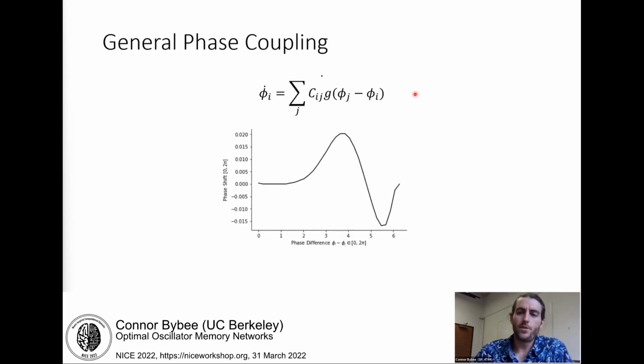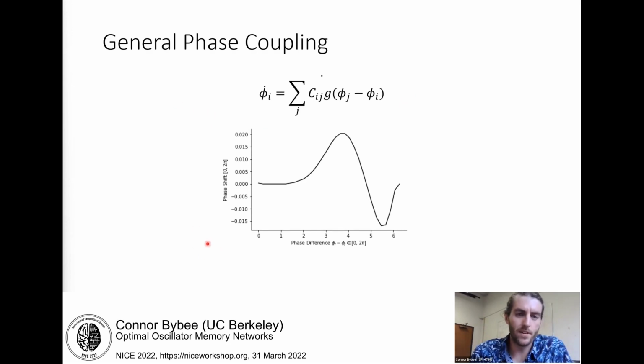Future work will examine general phase coupling functions, which will allow these networks to be modeled on other types of oscillators, again, such as leaky integrate-and-fire oscillators, resonate-and-fire oscillators, and Hodgkin and Huxley type models.